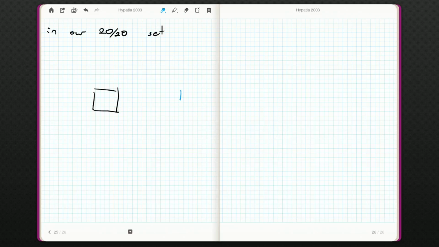So that's going to be all these points out here and above here and over here and down here. They're going to have a length of 4, and we'll use green again.